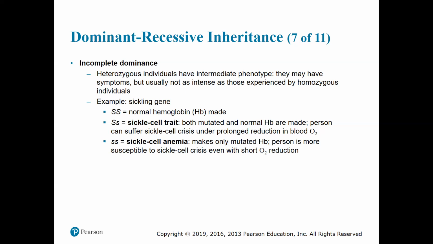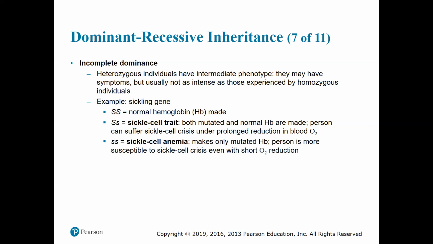So in the instance of sickle cell or the sickling gene, normal hemoglobin is made with 2 dominant traits. If you carry the sickle cell trait, you'll see both mutated and normal hemoglobin made. The person can have a sickle cell crisis if they have a prolonged reduction of blood oxygen, but it is typically less common and less severe.